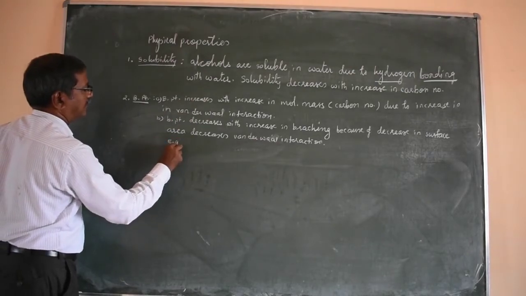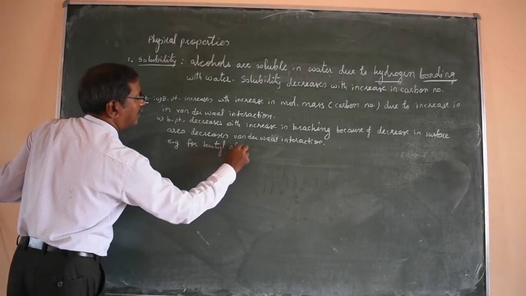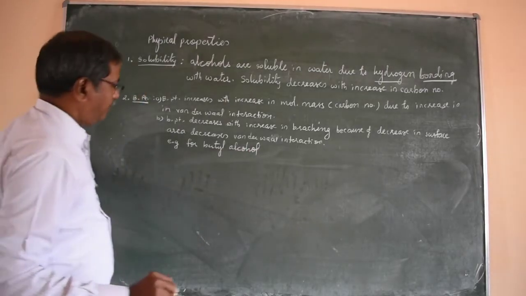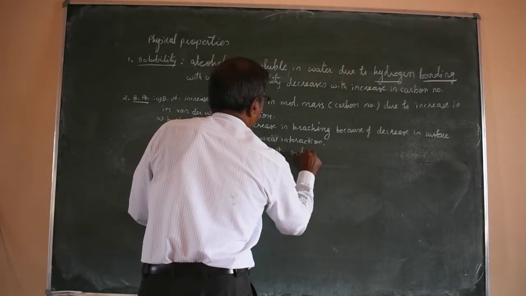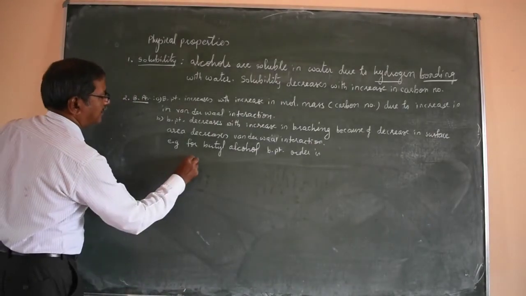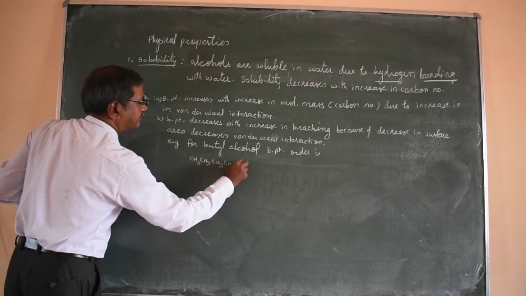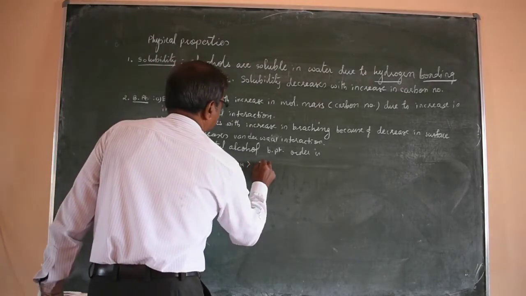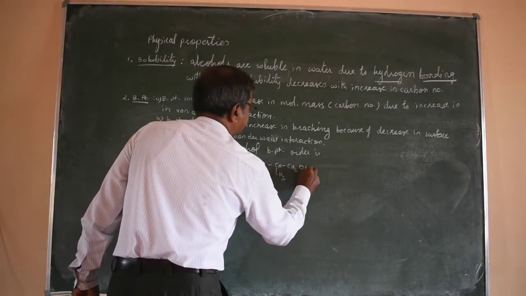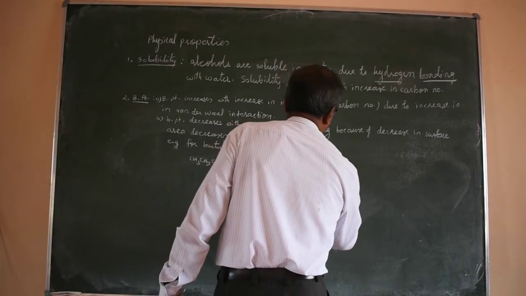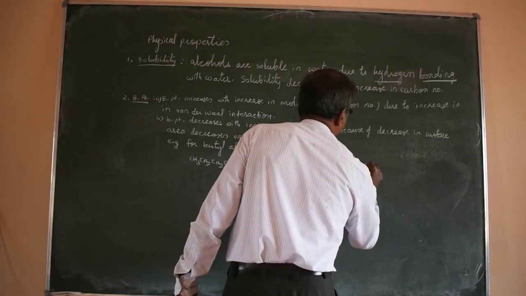Example for butyl alcohol. Boiling point order is CH3CH2CH2CH2OH is greater than (CH3)2CHCH2OH, which is greater than (CH3)3COH.